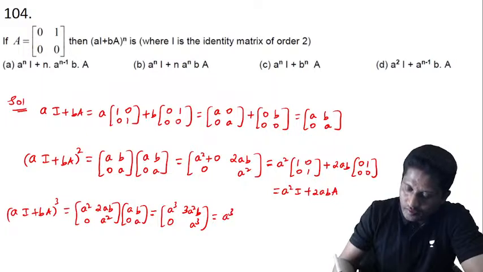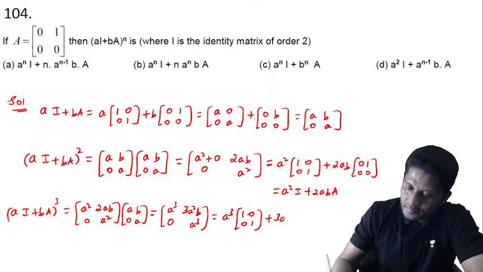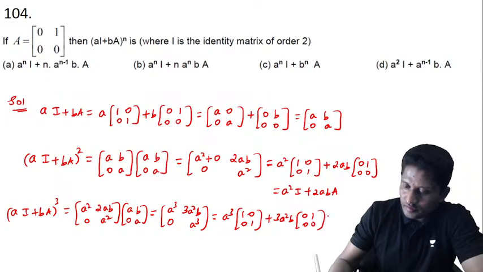This is A cube into matrix 1001, plus 3A square B into 0100. This is A cube into I plus 3A square into B into A.